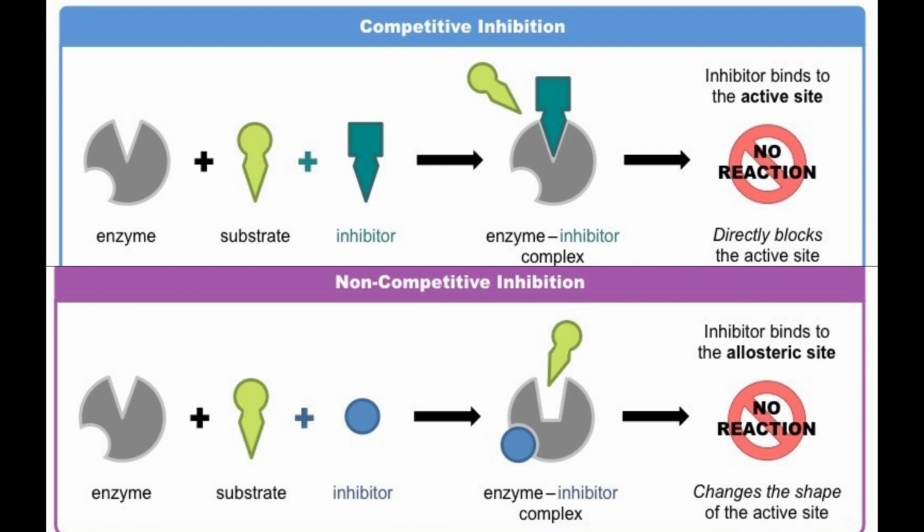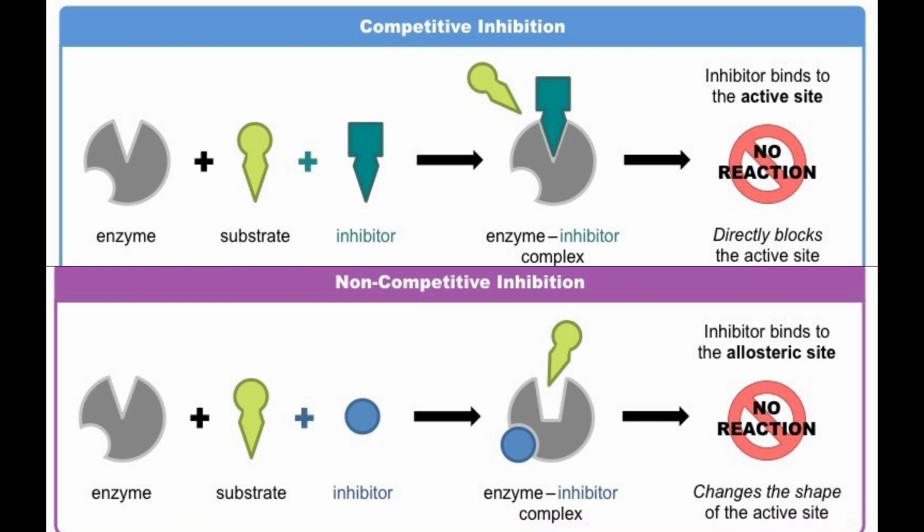First of all, competitive inhibition, the type of inhibition in which there is a competition between the substrate and the inhibiting substance. This type of inhibiting substance fits into the active site and stops the activity of the enzyme. Non-competitive inhibitor means there is no competition between the substrate and the inhibitor substance.